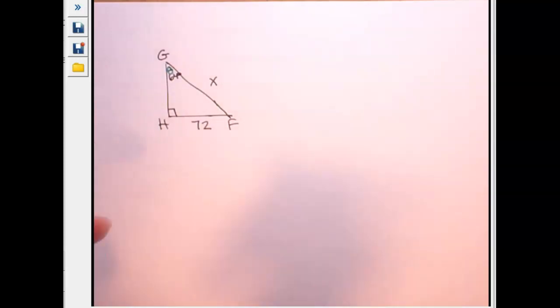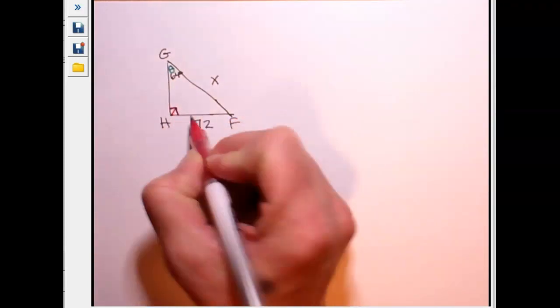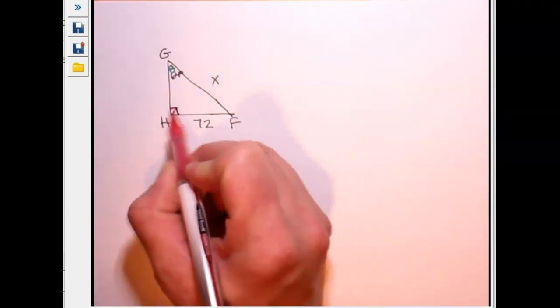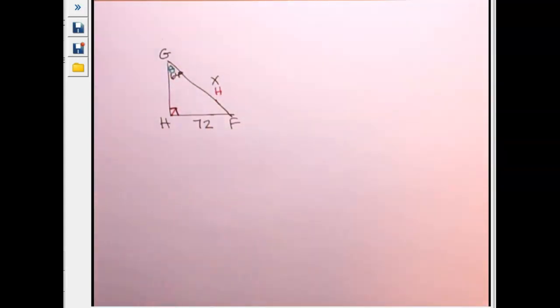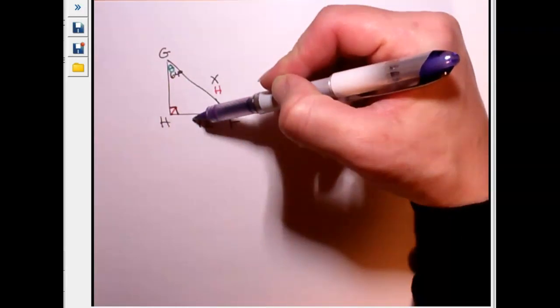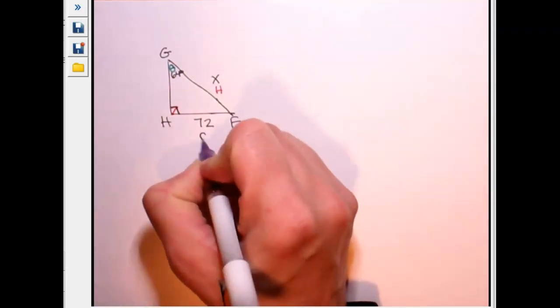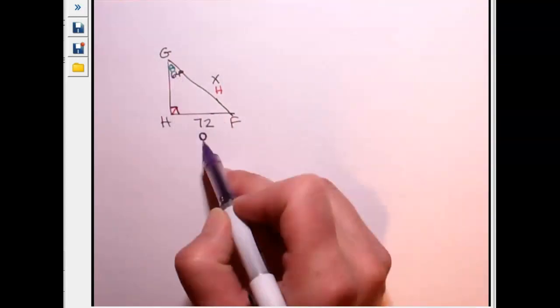Okay. So we always want to start with the hypotenuse, because the hypotenuse is always going to be opposite that 90-degree angle. So turn that little corner into an arrow, and this right here, we'll just label that as our hypotenuse. Okay, and then wherever theta is, when you go to the opposite side there, that's going to be the opposite leg. Okay, so you've got theta, which is opposite the opposite side.